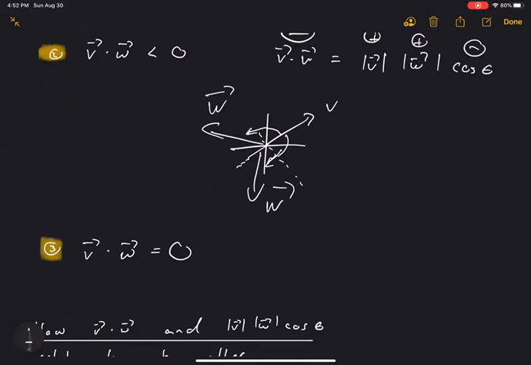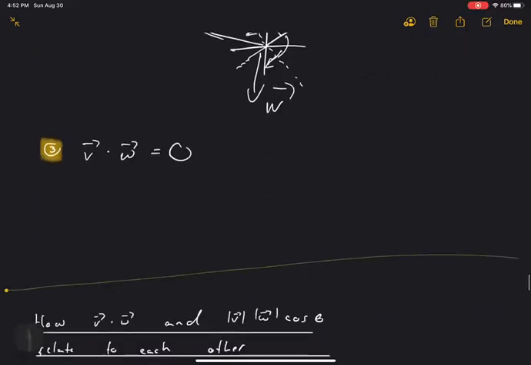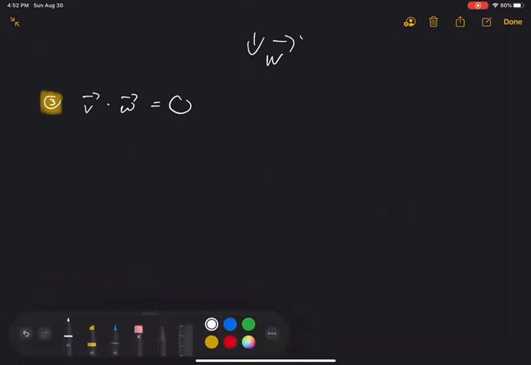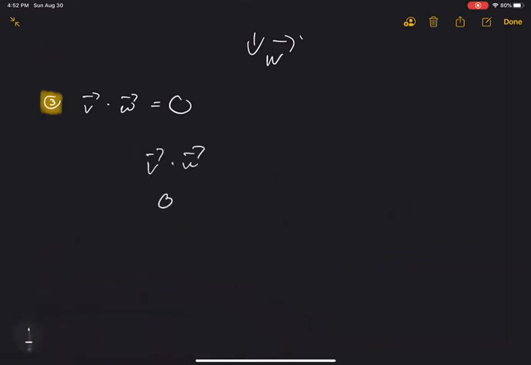So let's see. Again, I have v dot w, and we're saying that's equal to 0. On the other hand, that's equal to the magnitude of v, magnitude of w, cosine of the angle between them.